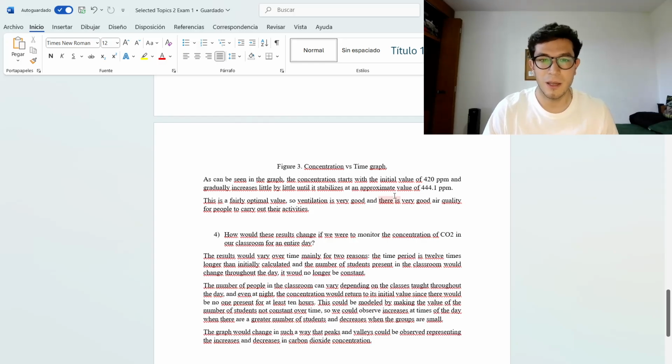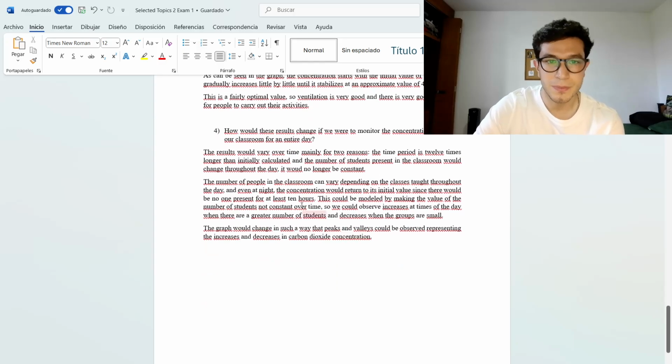That is due to the ventilation being very good, and that can be translated as the air quality being very good for people to carry out their activities.